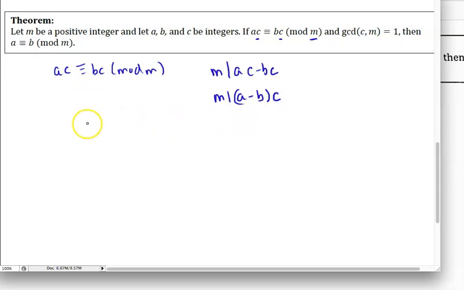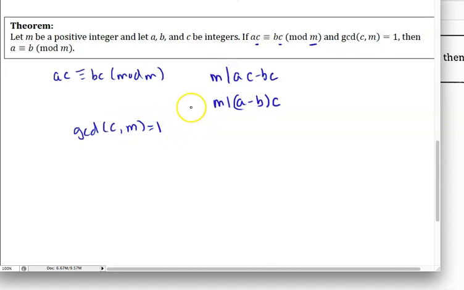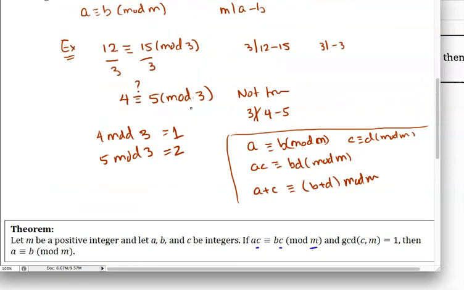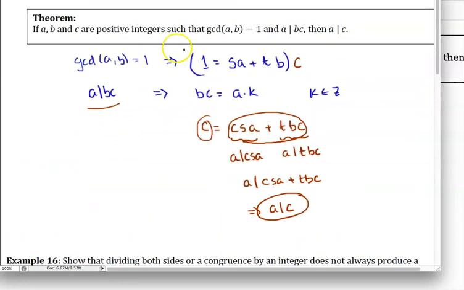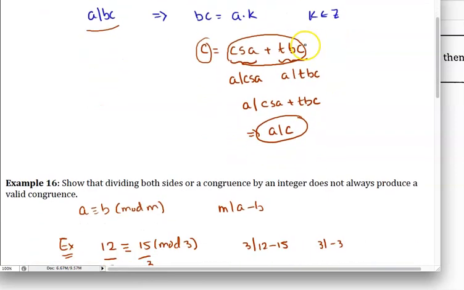We also know that the GCD of c and m equals 1, so there are no common factors between c and m. So then the previous theorem kicks in. It says that if the GCD of two integers is 1 and a divides bc, then a is going to divide c.